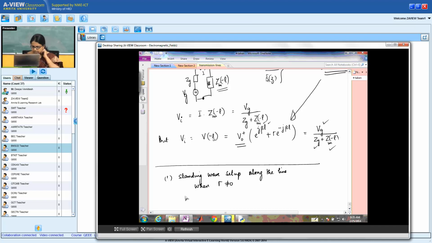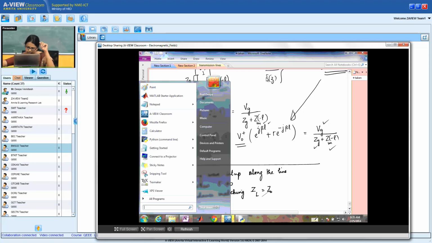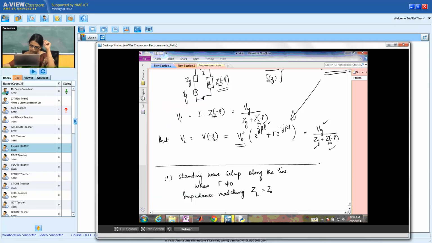And remember, impedance matching does not mean that the source impedance and the load impedance are identical. Impedance matching would mean ZL equal to Z0. Impedance matching is going to mean ZL equal to Z0.